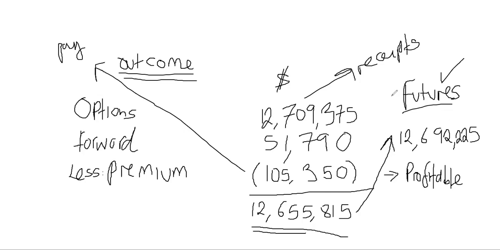So we move on. Here we are comparing, for the options, what we would get from there against the futures. The futures currently look more profitable. But then we move on to whether we are exercising or not.